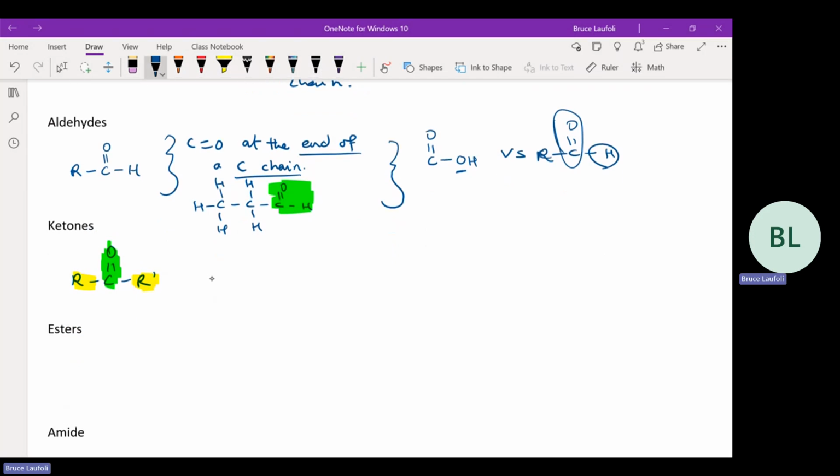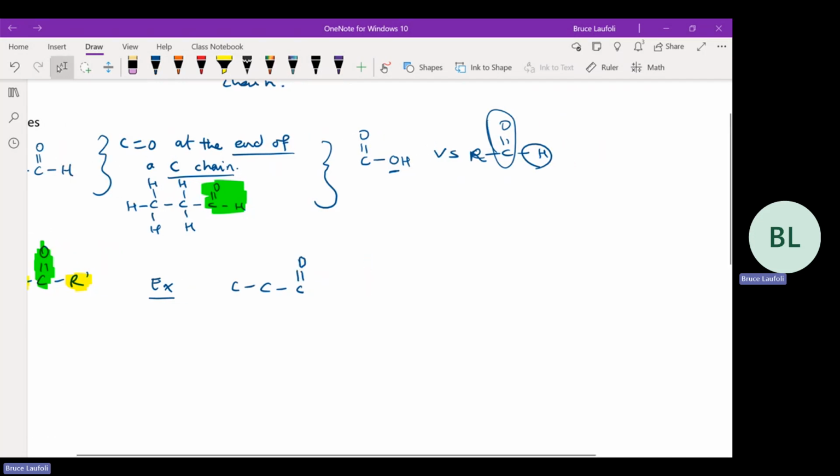And so comparing that to aldehydes, in the example where we have prop, 3 carbons, an aldehyde would be where the double bond is at the end, so I'll just label this aldehyde. In the case of this ketone, we would just see that the double bond is in the middle.